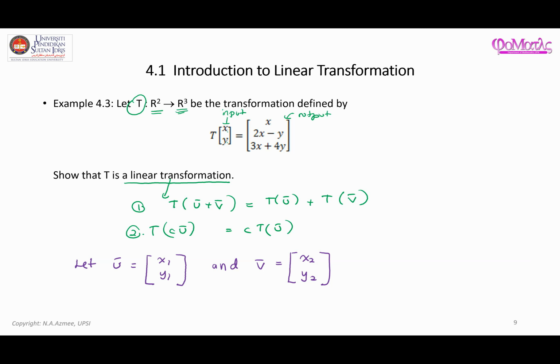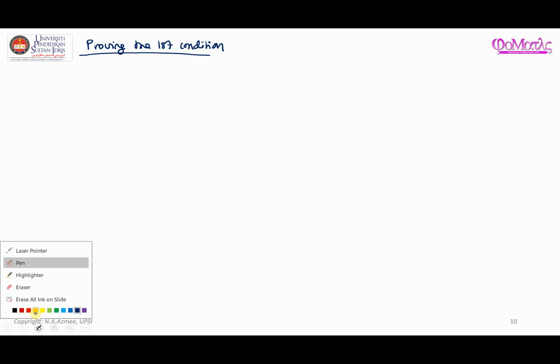Right. Therefore, we're going to start off with proving the first condition. And I'm just going to put the rule on top so that we all can refer to it.